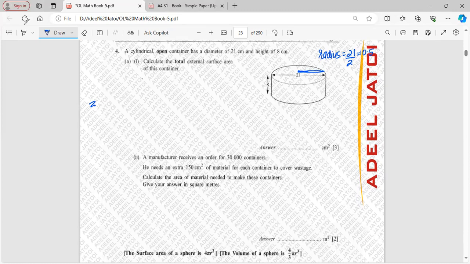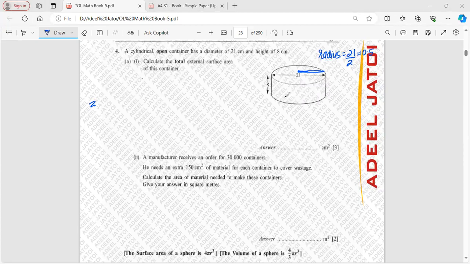Then it says calculate the total external surface area of the container. Now what is surface area? I have always been telling you that your surface area comprises of what?